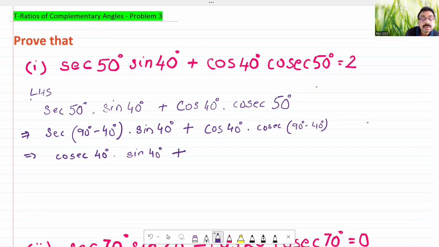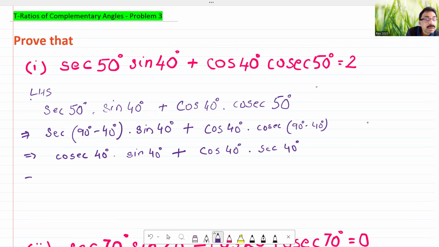Coming to the second term, cos 40, we will keep cos 40 as cos 40 itself. Cosec 90 minus theta is sec theta. Theta here is 40 degrees, right? So we got cosec 40 degrees into sine 40 degrees.